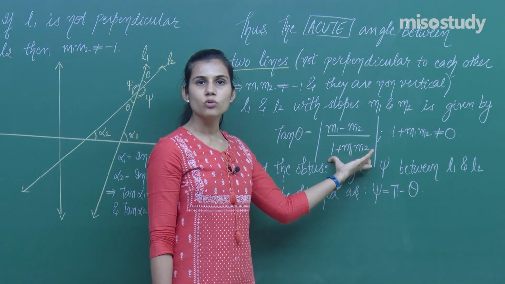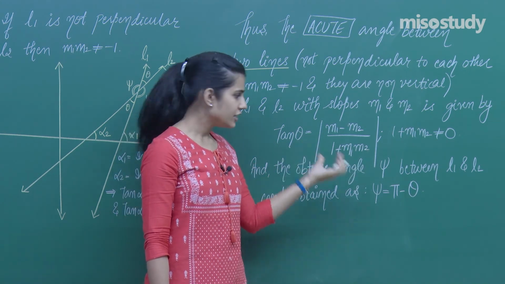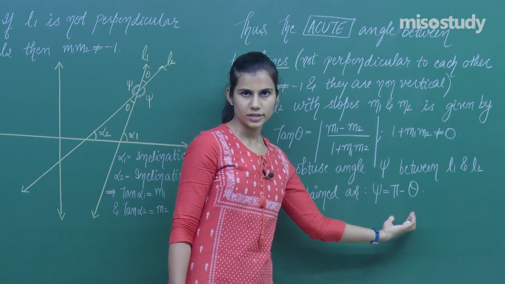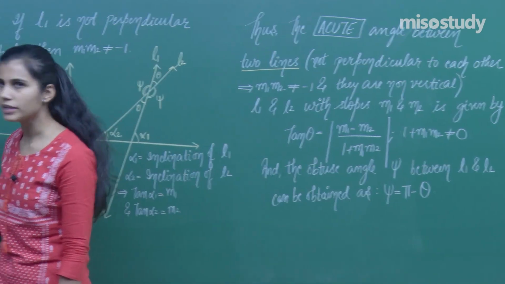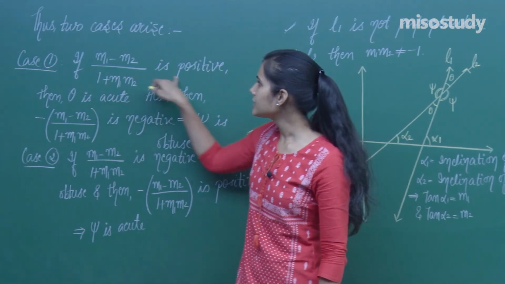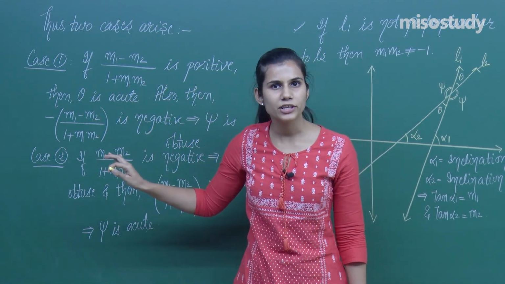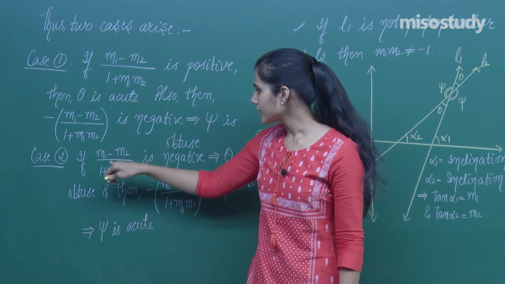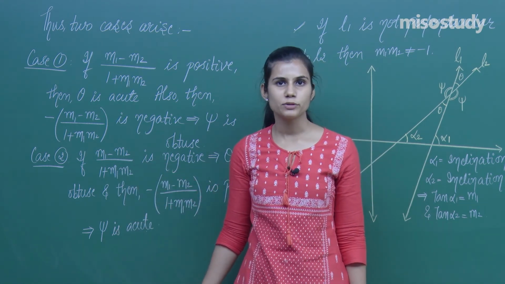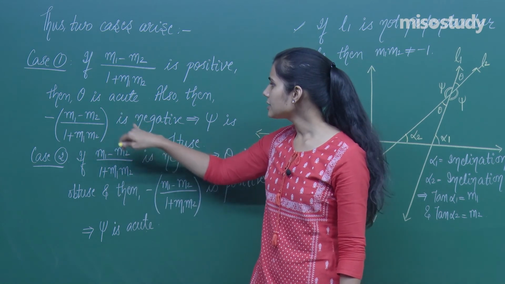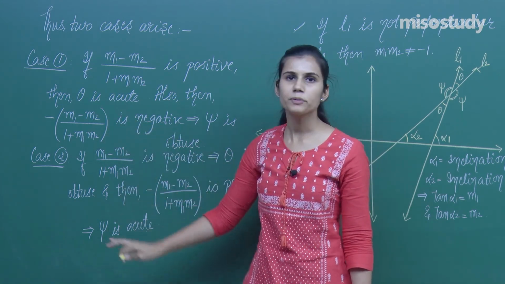Depending upon that, conclude about the acute angle, and using this conclude about the obtuse angle. There is no need for you to get confused among these two things, calculating its sign, then declaring which angle would be acute and which obtuse, then again calculating its sign if it comes out to be negative, then which one is acute, which one is obtuse, because they are switching. Here theta is acute, xi is obtuse, here theta is obtuse, xi is acute.